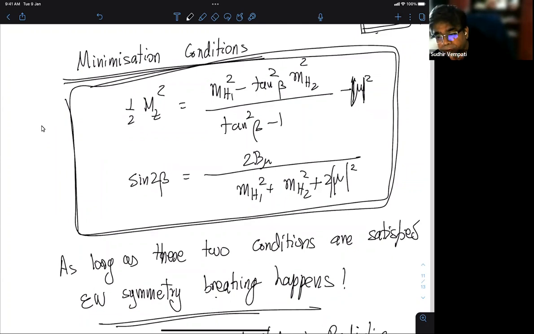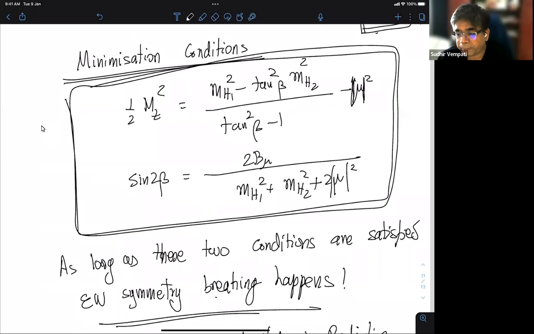So you cannot push arbitrarily high soft terms. The moment you incorporate electroweak symmetry breaking into the MSSM, you have relations between the soft supersymmetry breaking terms, which control the supersymmetry breaking sector, meaning how much the masses of these supersymmetry partners are, and the standard model parameters like MZ square, and SUSY-conserving parameters like mu square and so on.